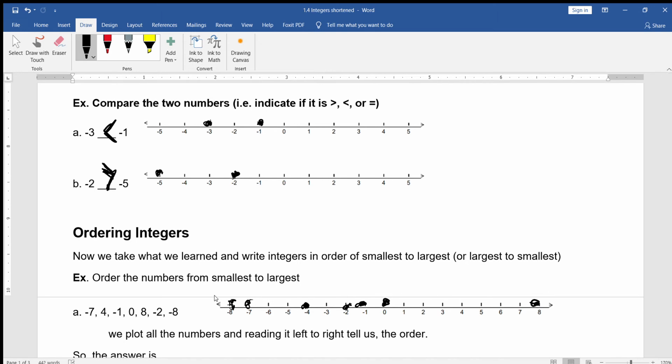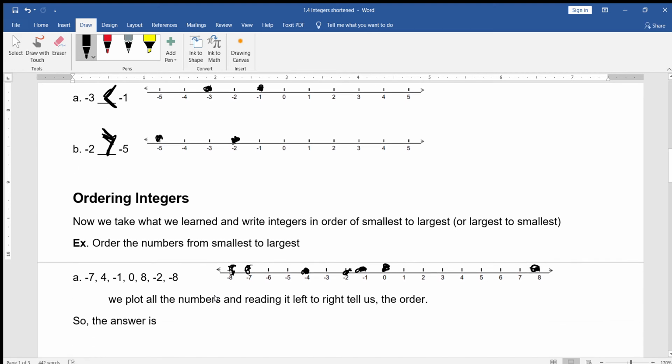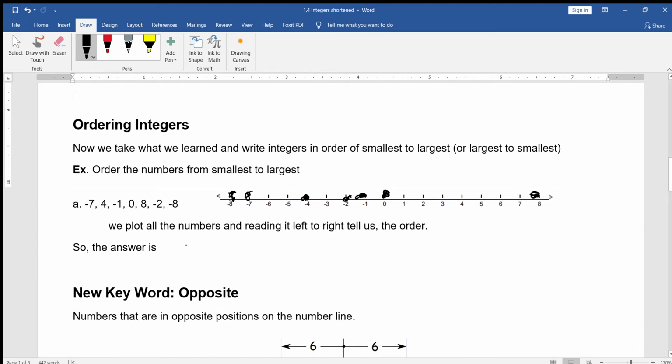Again, you don't have to be pretty when you plot your numbers, as long as you plotted the correct numbers. And then let's order it. Your first number is negative 8, negative 7, negative 4, negative 2, negative 1, 0, and 8.